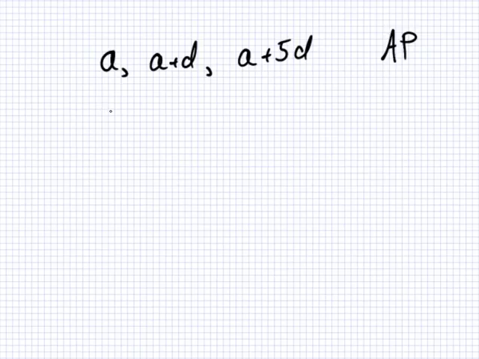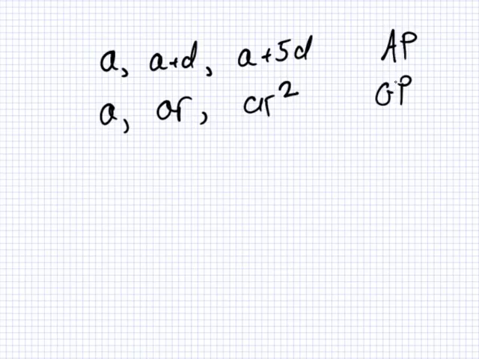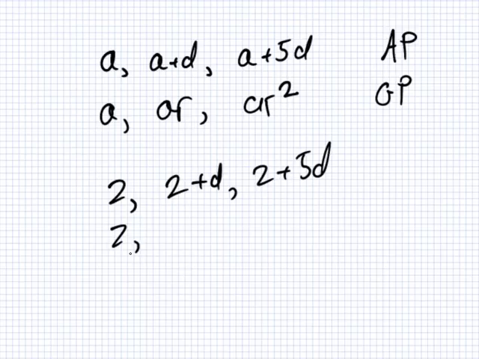What's the first term for a geometric? a, or ar squared. I also tell you that the first term is 2. So a is 2, and the terms are 2, 2r, 2r squared. We need to try and find the d and the r.